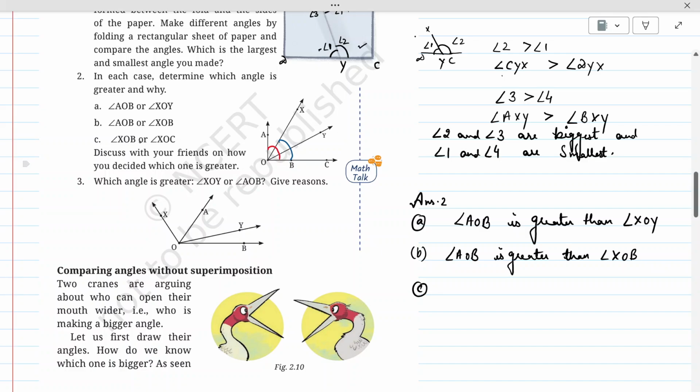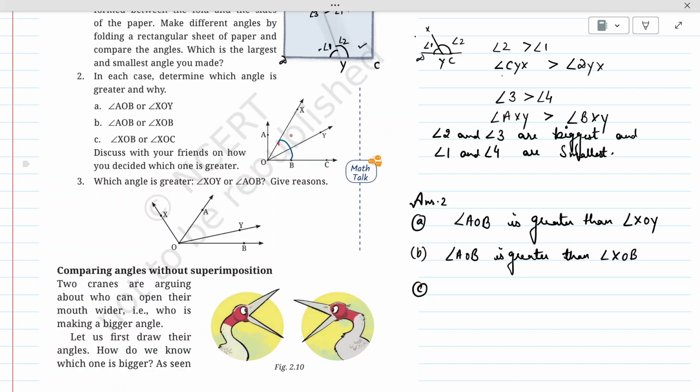C part is XOB, this blue one, or XOC. Okay. So I'm erasing this red. I'm using blue. XOB is this, and XOC is also the same because OB and OC are in the same ray.